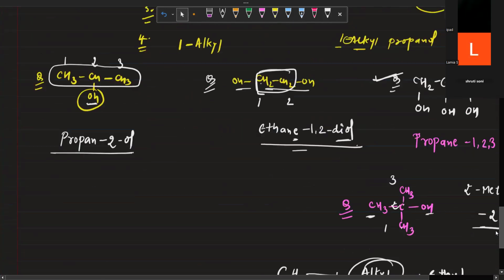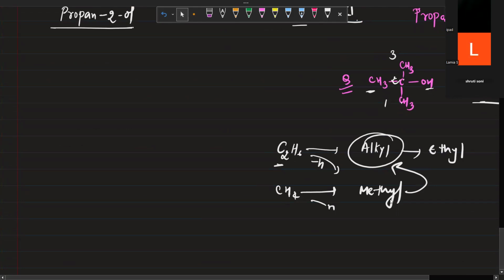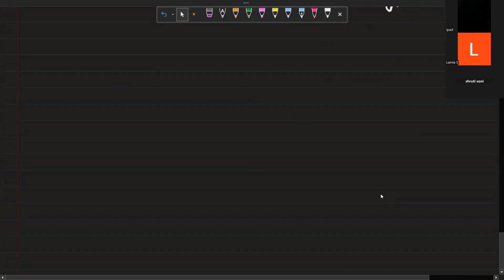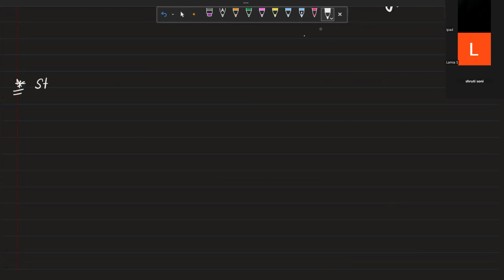Okay, this is IUPAC naming. Before the class tomorrow, you share your notes PDF of this chapter with me. Okay? My notes, like right now that I'm making? Yes, or anytime you make them. Okay.